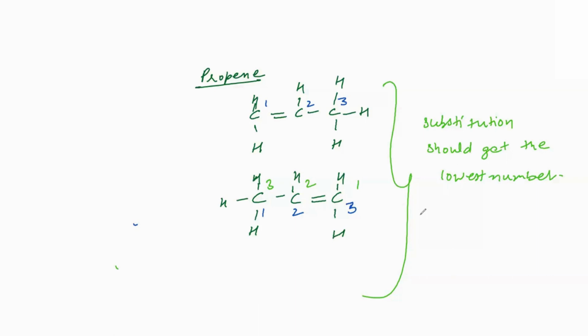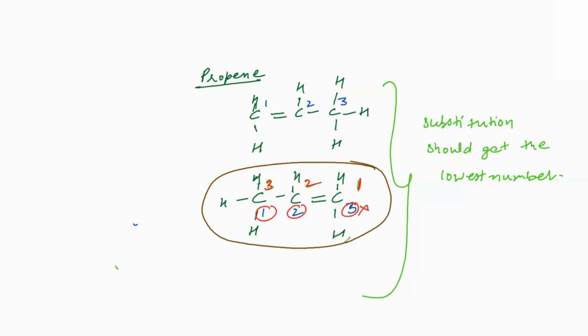In this case, this numbering is correct, 1, 2, and 3, and the other numbering is wrong, because according to it the substitution gets the second carbon. But according to the red numbering, the substitution gets the first number, which is correct.